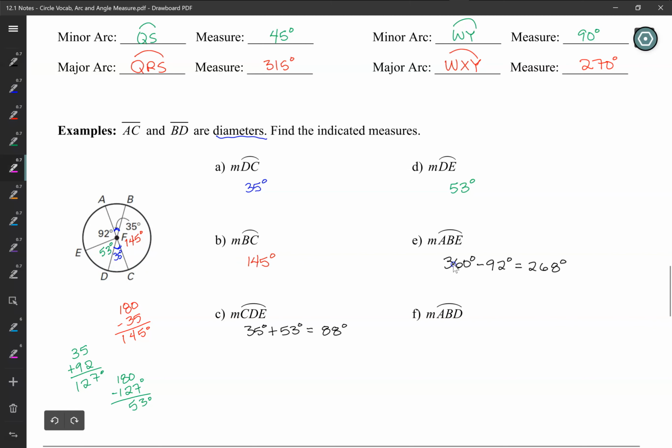Okay, ABD. Again, you have a choice. You can add those three. You could notice that, hey, I've got 180 right there plus 35. It's up to you. So you can do 35 plus 145 plus 35. And that's 180.